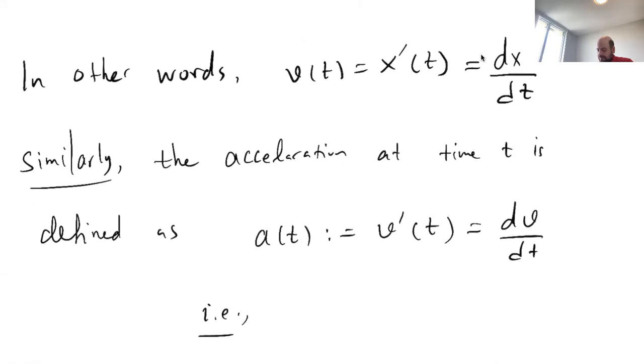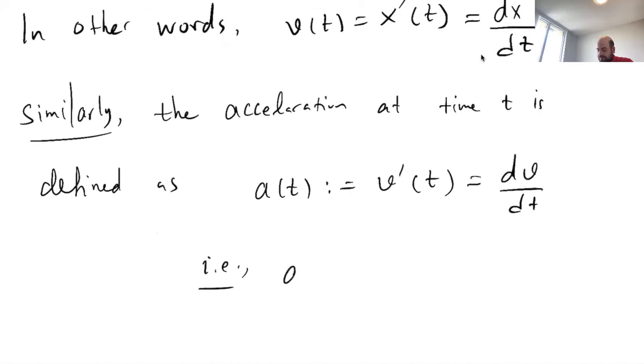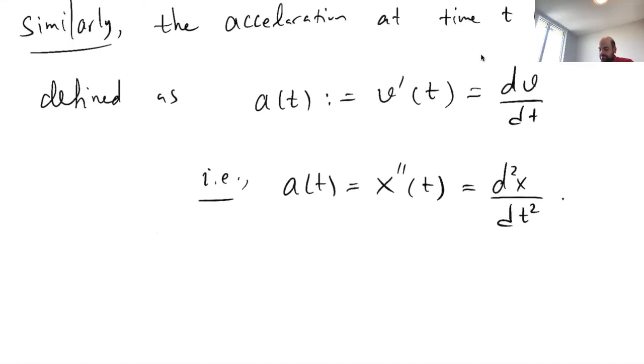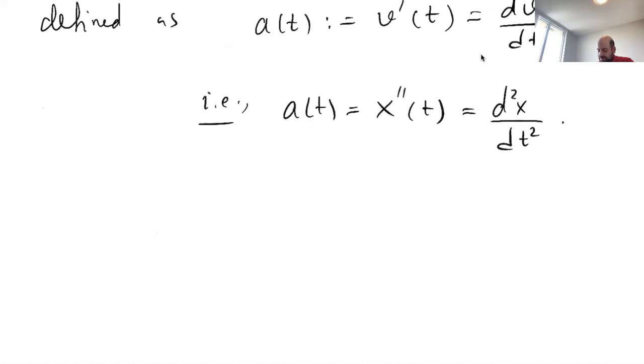In terms of x of t, a of t is the second derivative of x of t, or d squared x over dt squared. So acceleration is the first derivative of velocity, and in terms of the position function it is the second derivative. So let's look at an example.